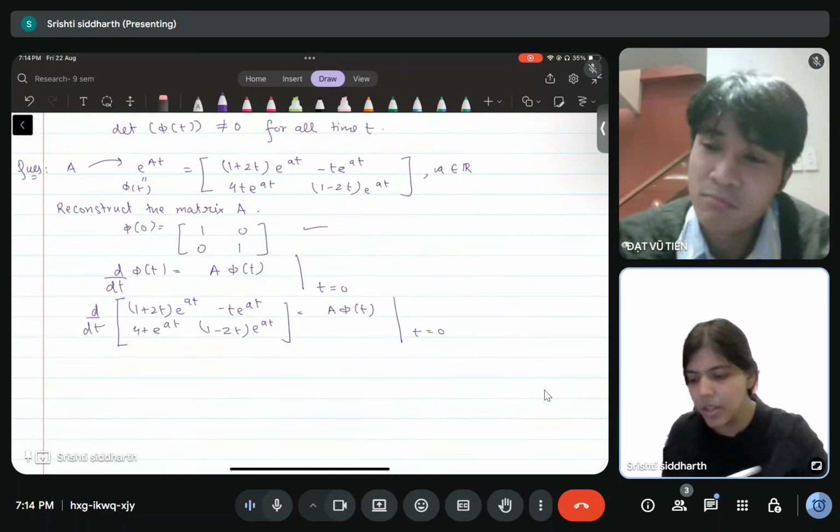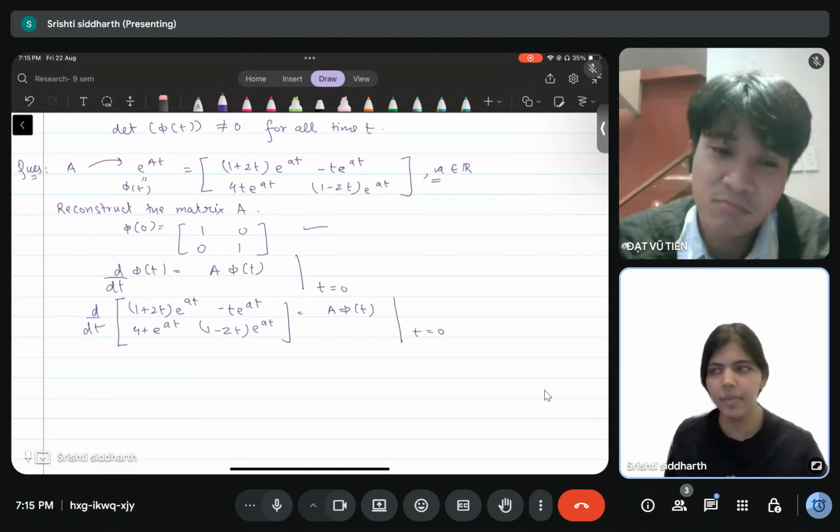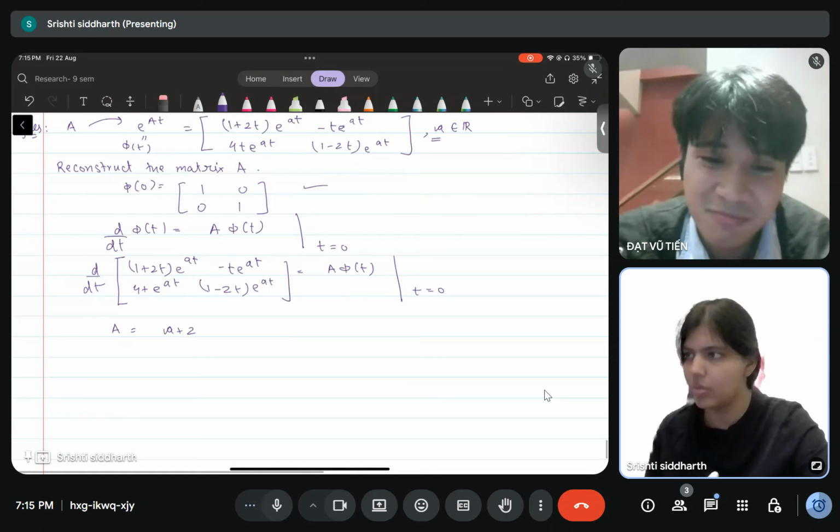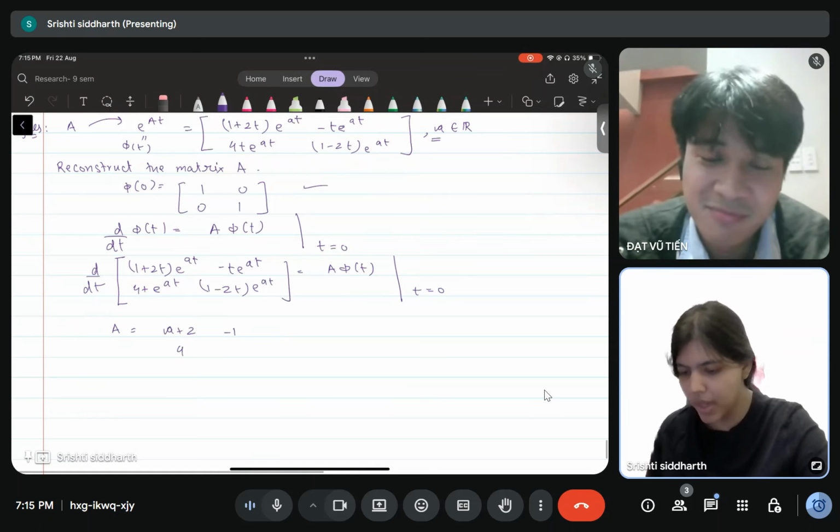So the A matrix would be dependent on the scalar a, right? So A is a plus 2, minus 1, 4, and a minus 2.